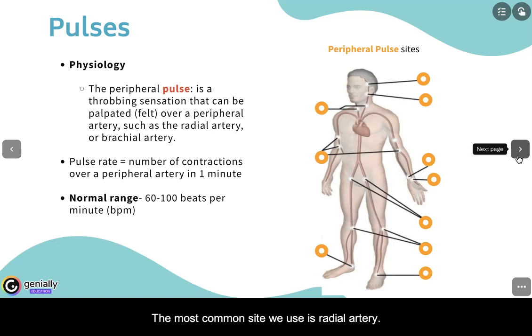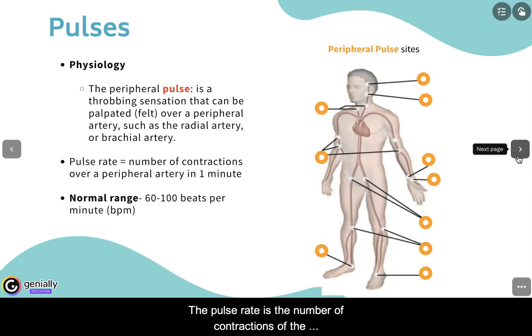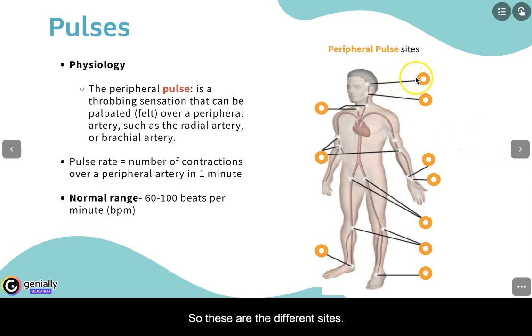The most common site we use is the radial artery. The pulse rate is the number of contractions of the peripheral artery in 1 minute. So we palpate the site and keep our fingers there and feel it for a whole minute. The normal range for a pulse is 60 to 100 beats per minute.